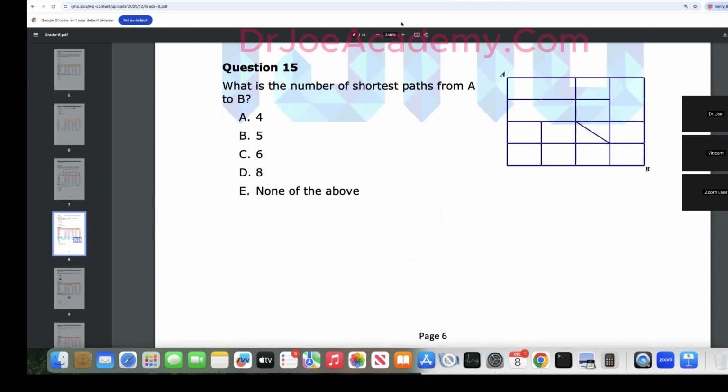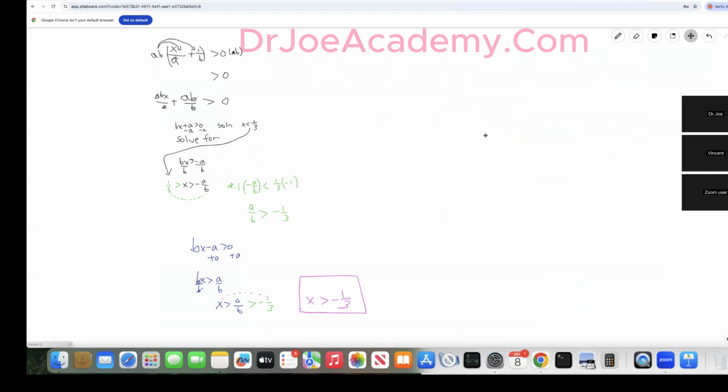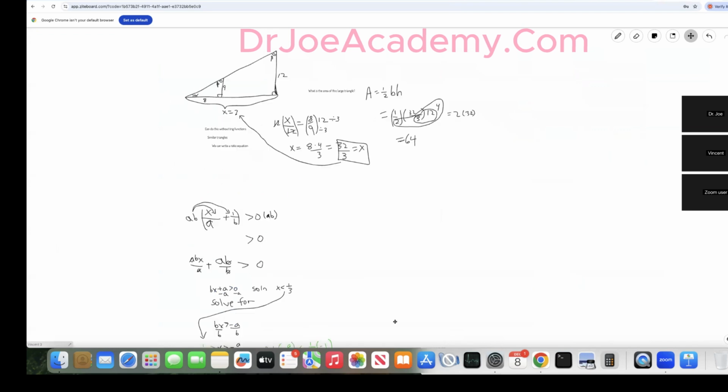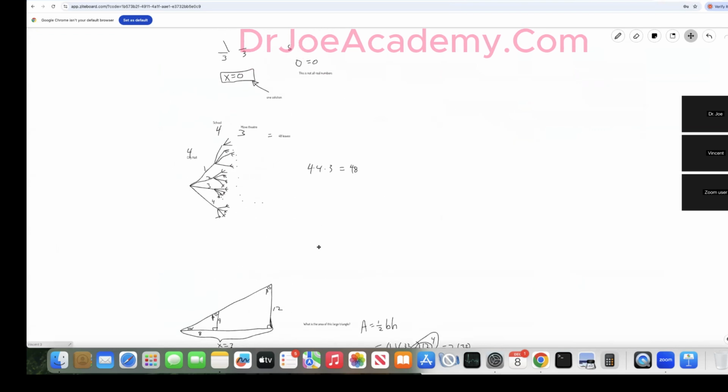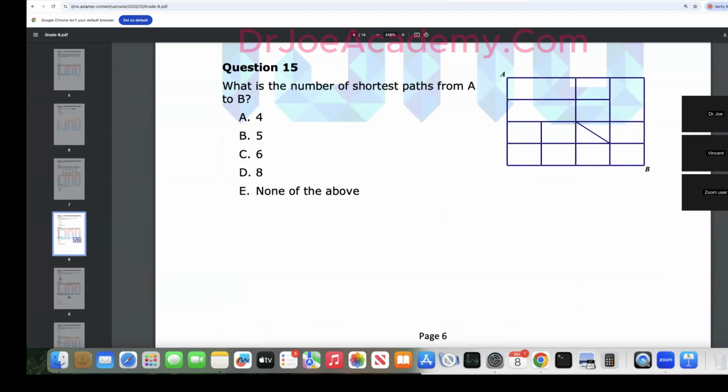So earlier today, we did the whole thing where we multiply the number of branches by each other at each stage. So in this case, we're going to find the different shortest paths, and then multiply them by the number of branches at each stage, right?